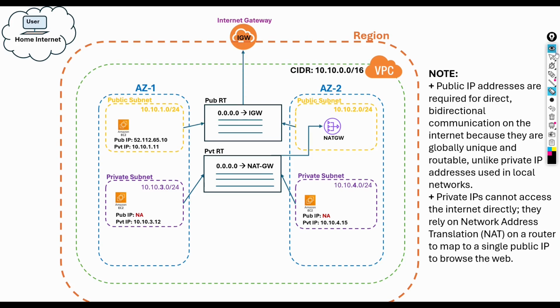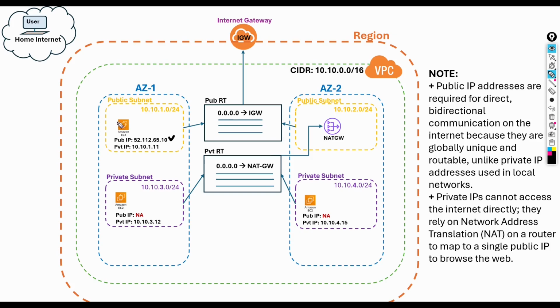So let me quickly read this note. Public IP addresses are required for direct bidirectional communication on the internet because they are globally unique and routable, unlike private IP addresses used in a local network. As I said, the public IP address is a must to communicate over the internet.